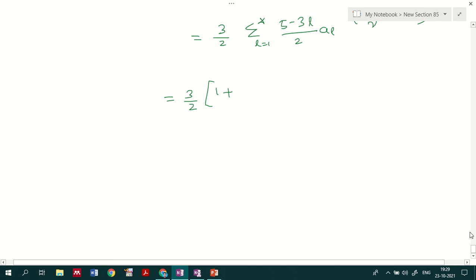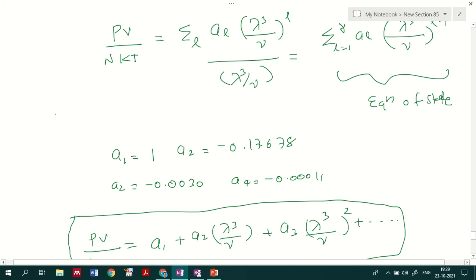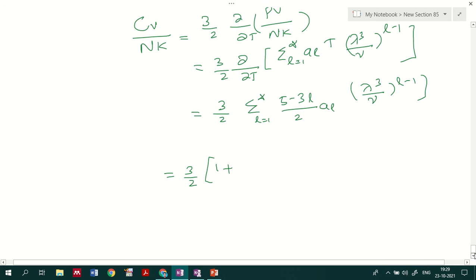Substituting them, you will have 3 by 2 times 1 plus 0.0884 lambda cubed divided by nu, plus 0.0066 lambda cubed divided by nu the whole squared. Here you have to give the l value, then you will get it like this.